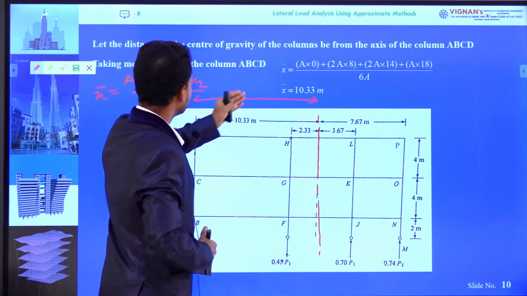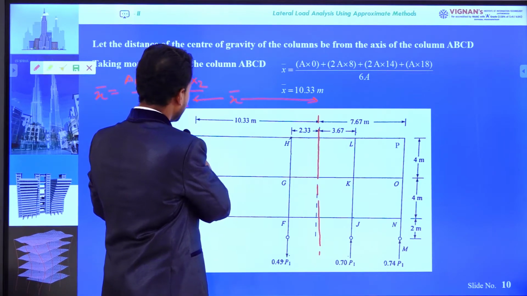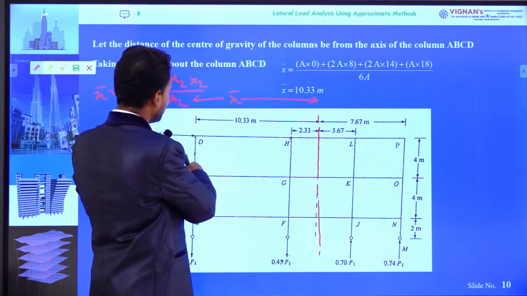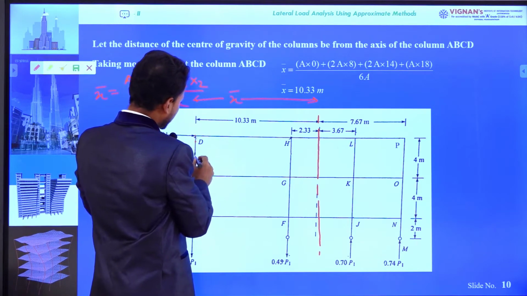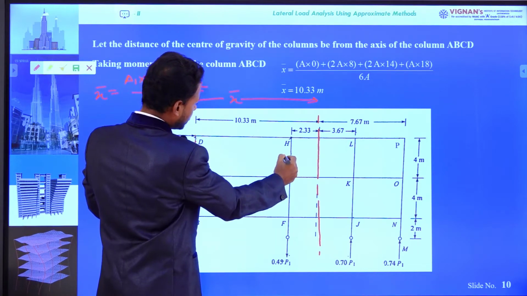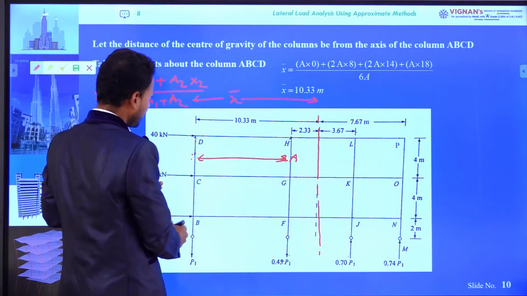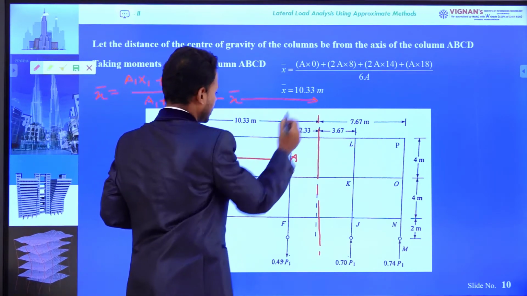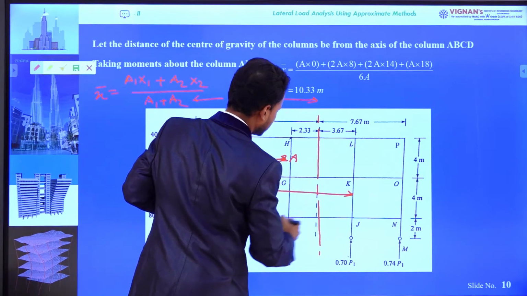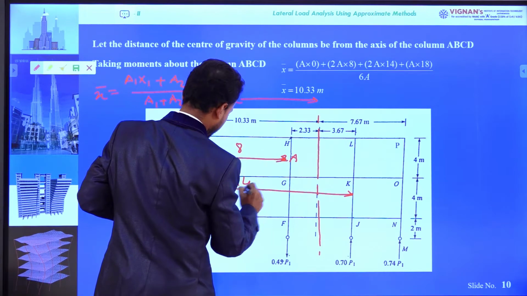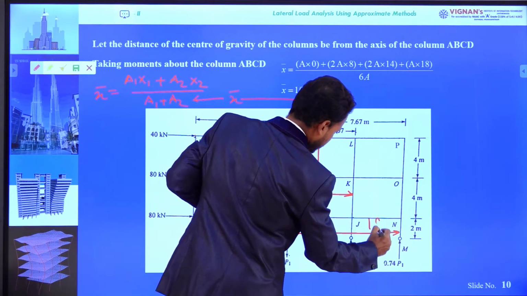So let's apply the formula. x bar equals a1 x1, where the area of this member is A and the distance from here is 0. The area of the next member is 2A at a distance of 8 meter, then 2A at 14 meter, and A at 18 meter.